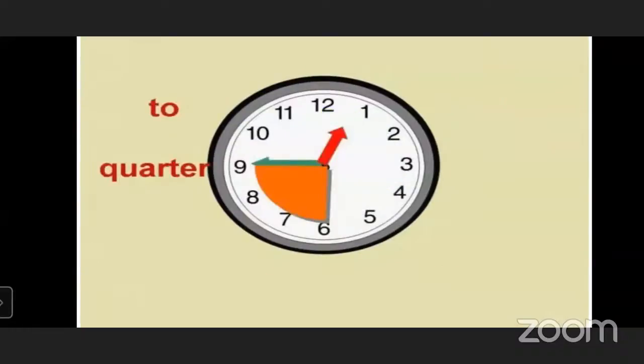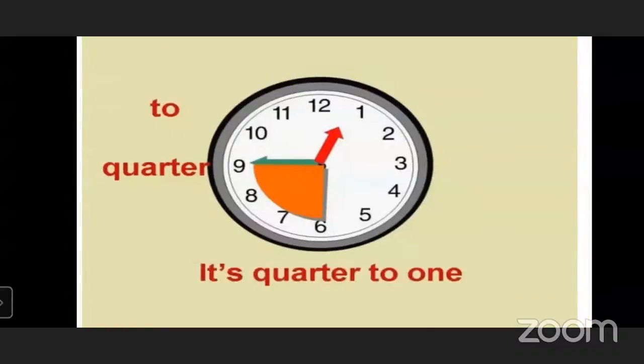Now quarter to. The time goes from 6 to 12, so we read it as to. Whenever the small hand is on 1 and the long hand is on 9, it is quarter to 1.